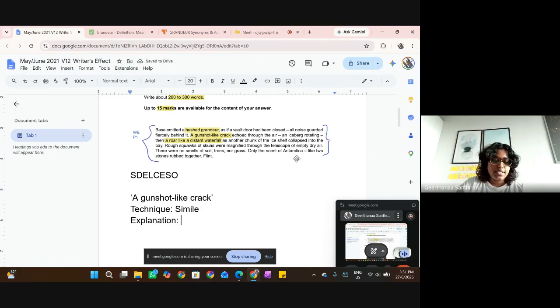Okay, so I can write that down. Or the other way around. The sound of a gun is being compared to an iceberg rotating. That's fine too. But yes, I want to try to give my synonyms here. So I'm going to say moving, though moving doesn't feel, maybe there are other synonyms that are stronger. An iceberg moving is compared to the sound of a gun.